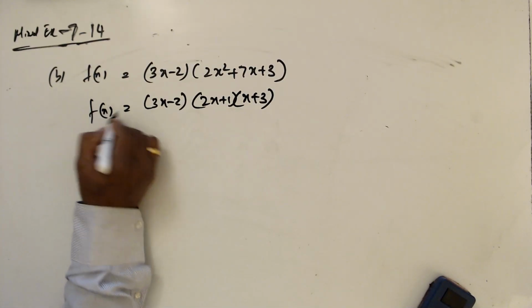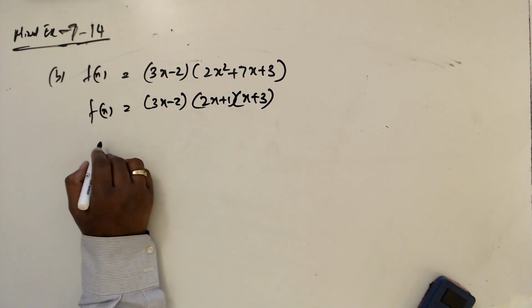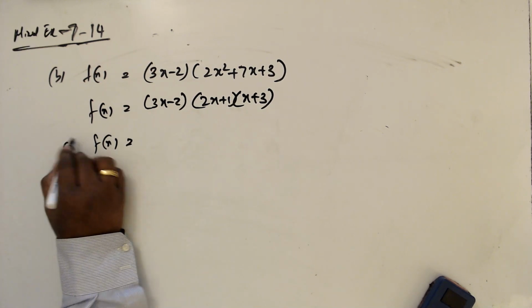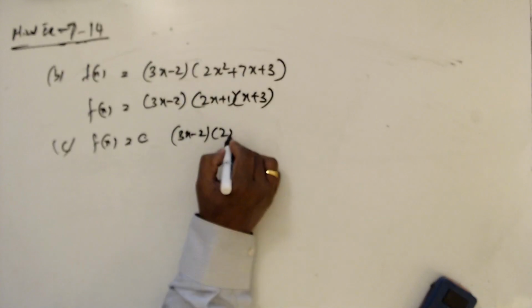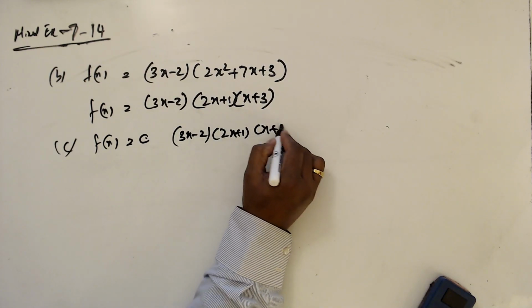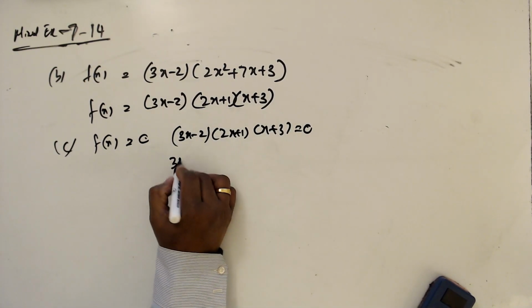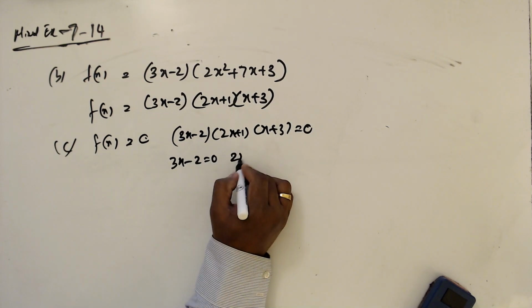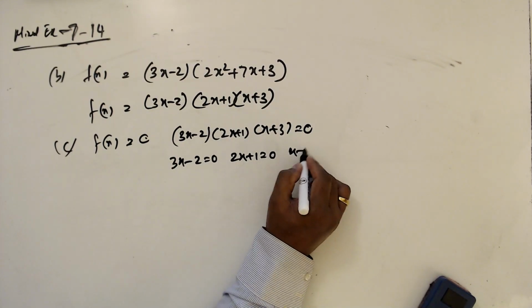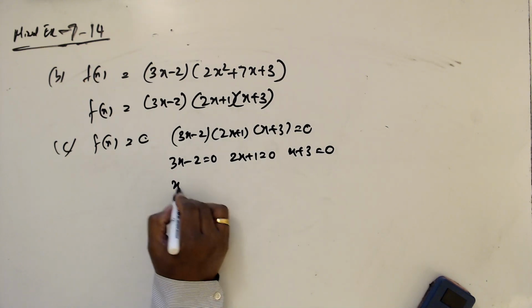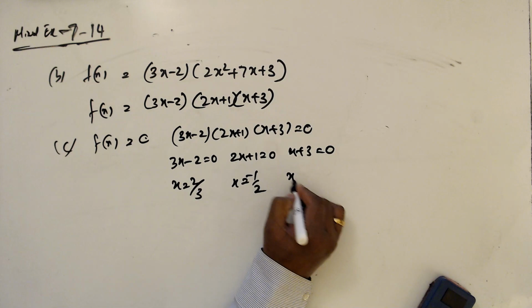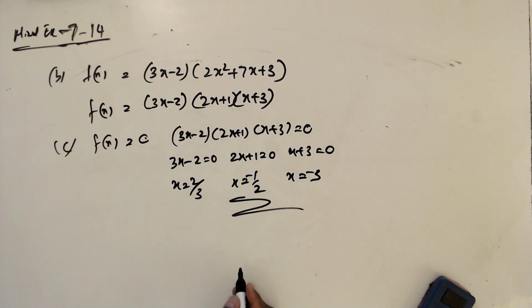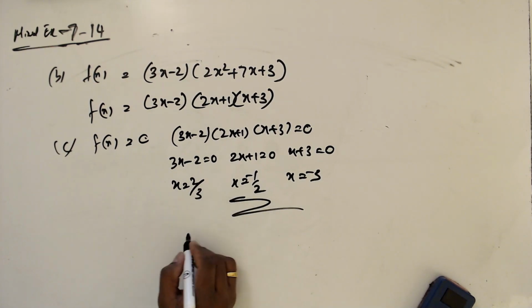This is f(x). Now part C, to find the roots, f(x) equals 0, then 3x minus 2, 2x plus 1, x plus 3 equals 0. So x equal 2 over 3, x equal minus half, or x equal minus 3. So those are the roots.